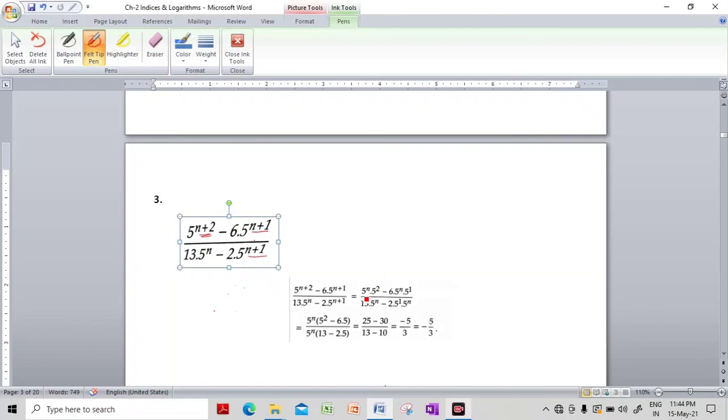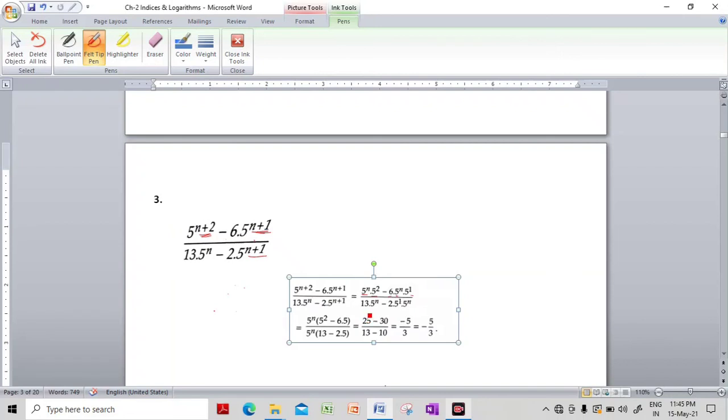Here 5 power n plus 2 can be written as 5 power n into 5 square. Similarly, for this 5 power n plus 1, 6 as it is, and 5 power n plus 1 can be written as 5 power n into 5 power 1.